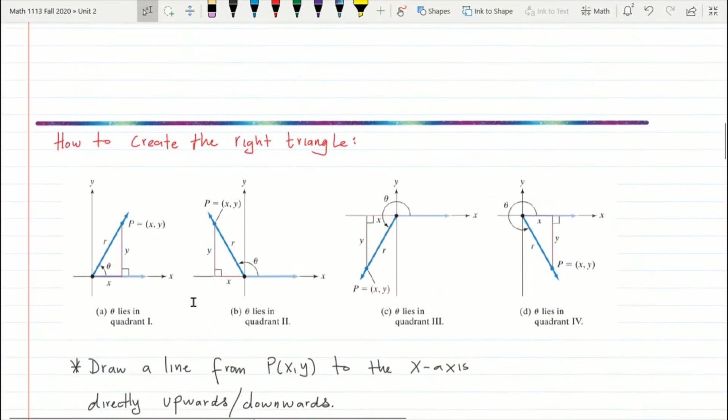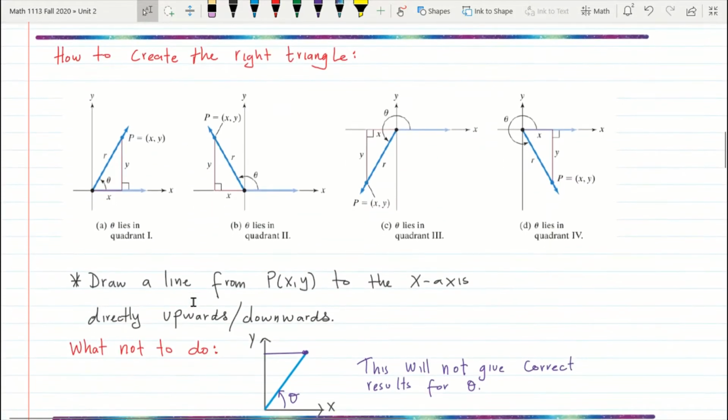Okay? The next thing that I need to talk about is creating a right triangle given some point P. So you'd be given a point, and you want to then figure out the 6 trig functions. So in the first picture here, if I'm given the point x comma y, I need to draw the point, right?